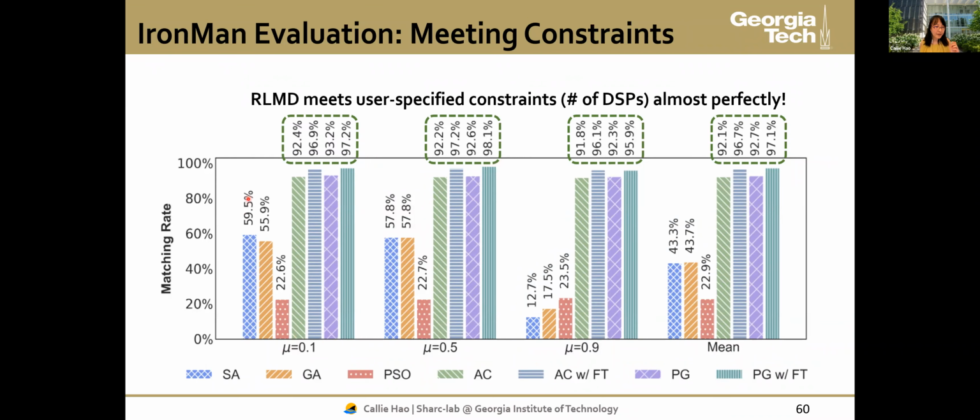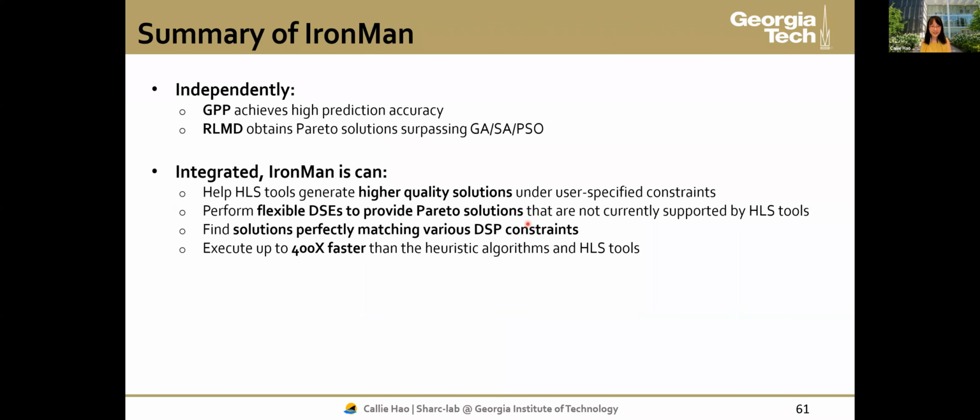Compared with other heuristic solutions, they can only meet the user-specified constraint in less than half of the time. So this is not good. I think the user constraint should be the top priority when you're trying to optimize your design, right? So this also shows that RL equipped with this GNN can better predict and better control whether it can meet the user-specified constraint or not.